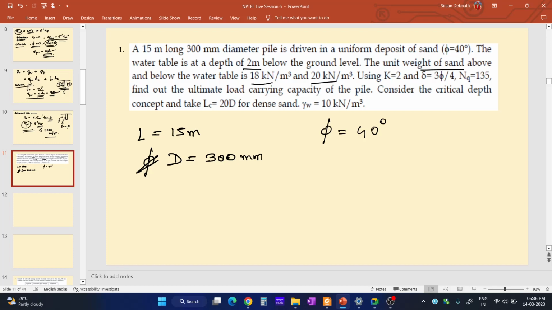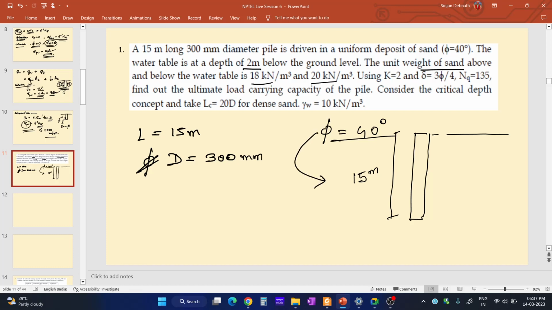Let me just draw it first. Suppose you have a pile like this, a 15-meter long pile. It is driven in a uniform sand having phi equal to 40 degree. The water table is at a depth of 2 meter below the ground level.